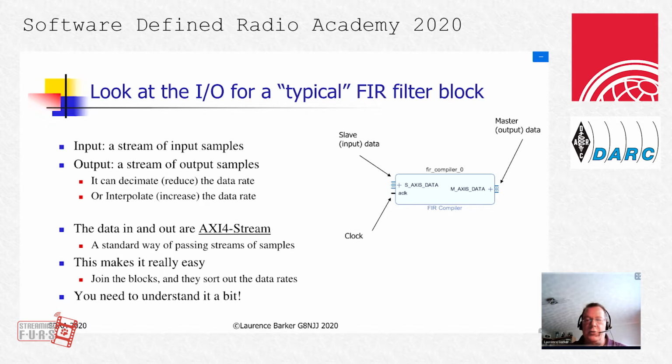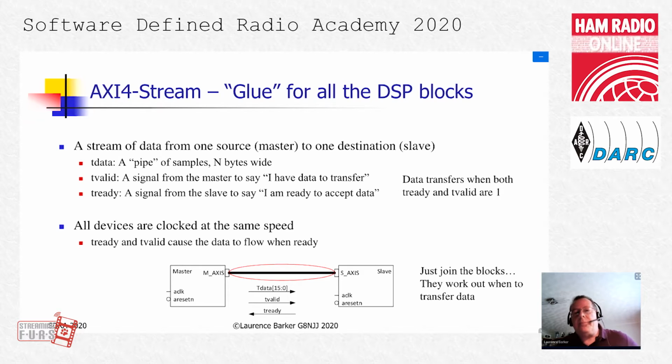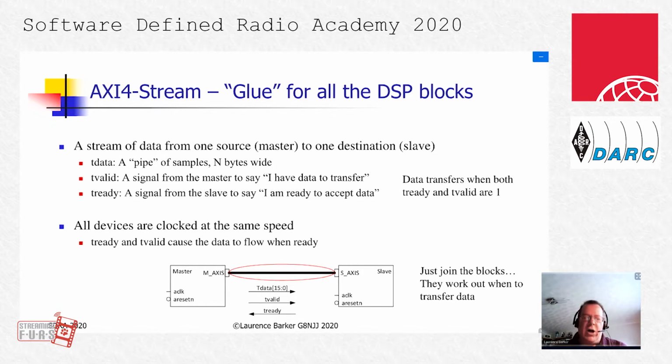It's worth having a quick look at that just to see what is involved. For the AXI stream, there are more signals available for more complex operation, but in its most common form it's got three signals. It's got a bus called T-data, which is essentially a pipe of those samples, which can be several bytes wide.